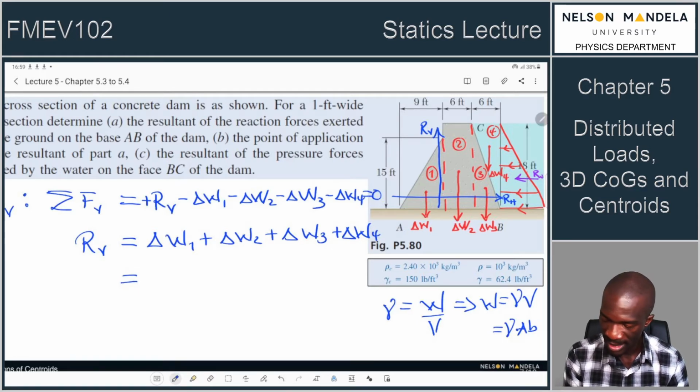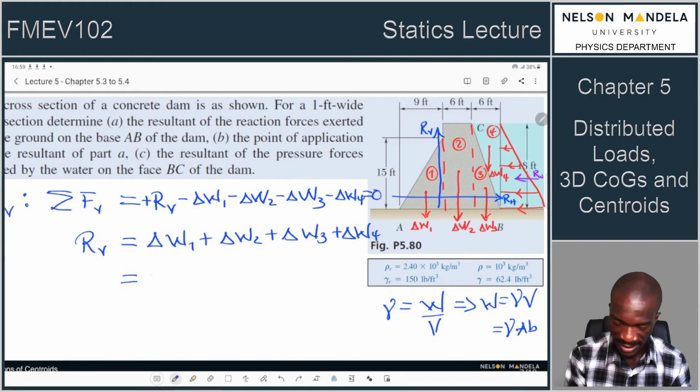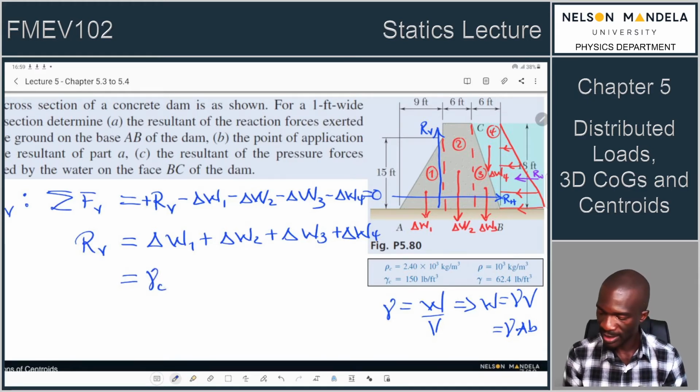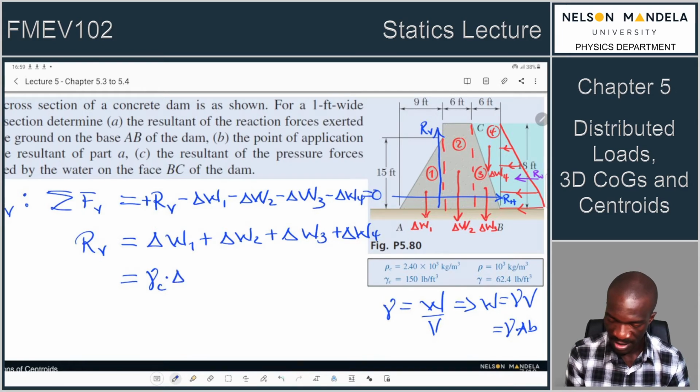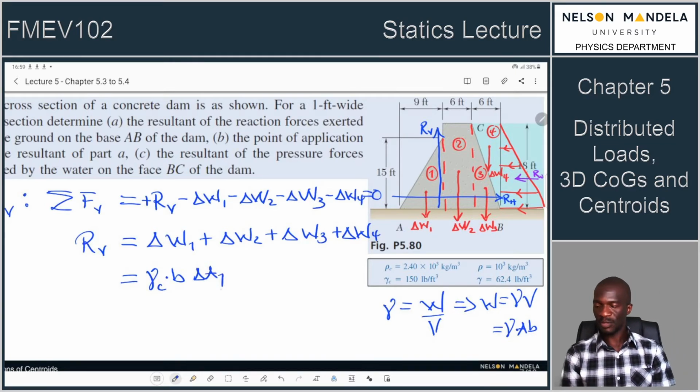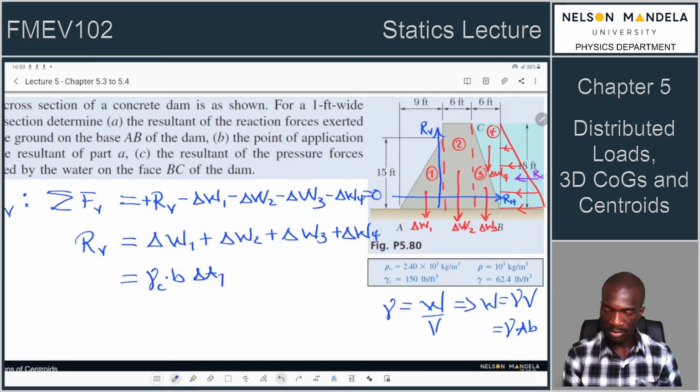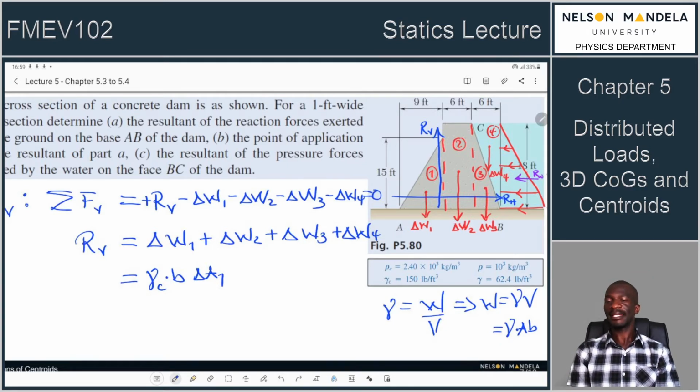So we're looking at gamma of what? Of concrete, multiplied by B, times the delta area 1. That would make up the gamma A B for the first area element, delta W1.